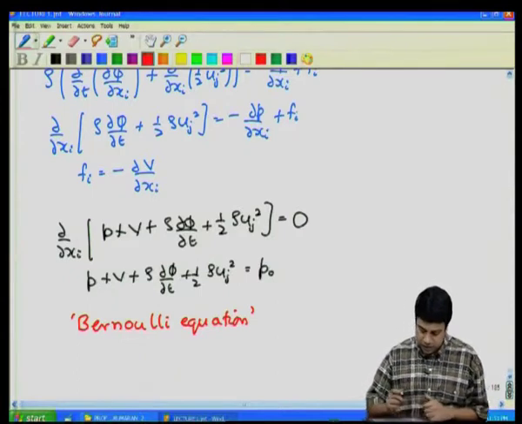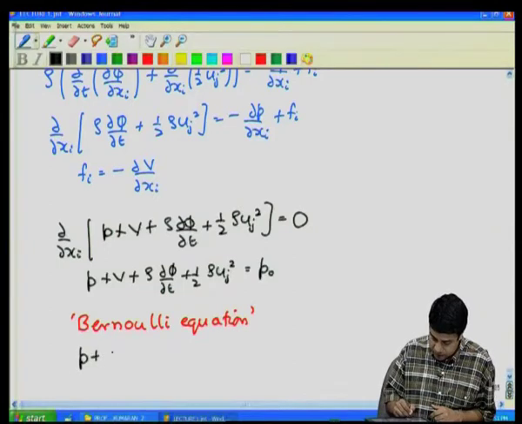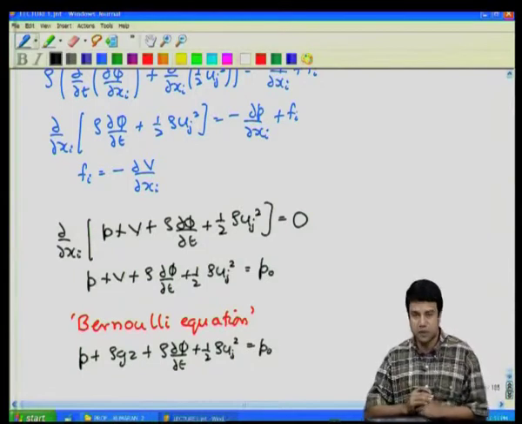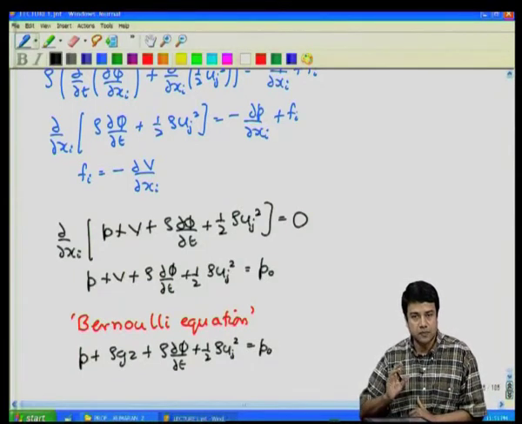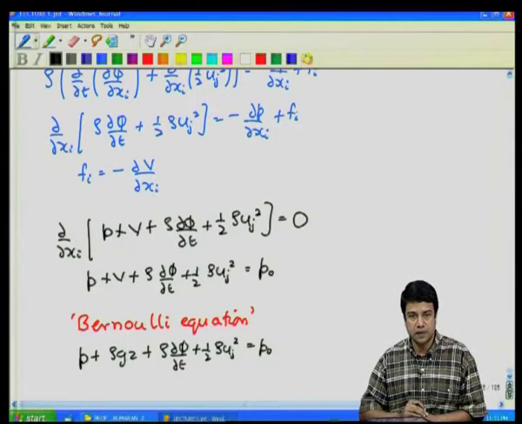So, in that case, the equation would be P plus rho g z plus half rho uj square is equal to P naught. That would be the Bernoulli equation for when that potential is the gravitational potential. The rho density times the acceleration due to gravity times the height.